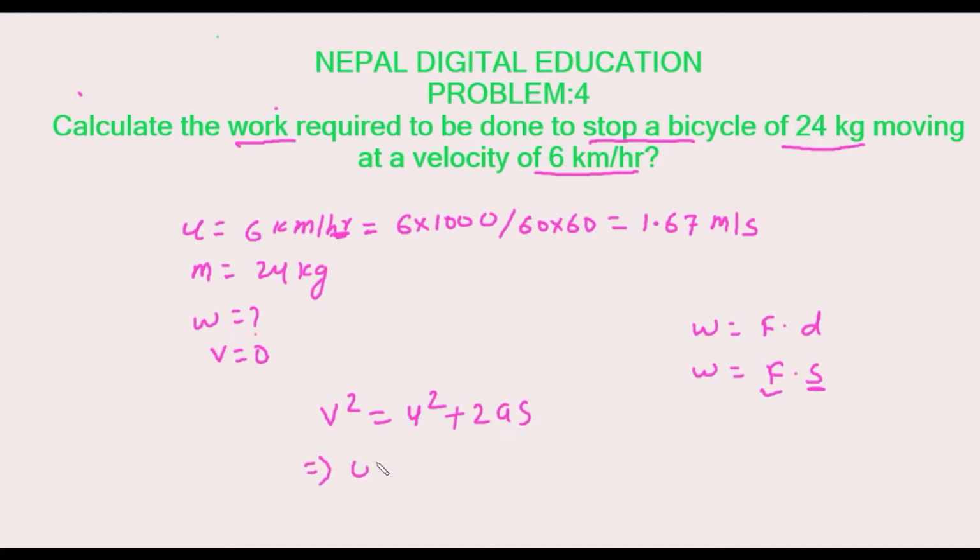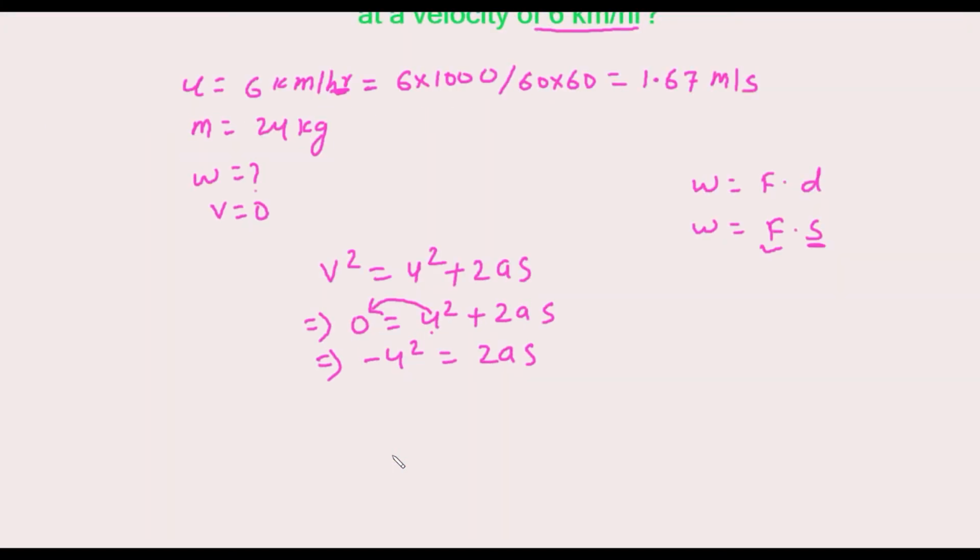Here v is 0, so 0 equals u square plus 2as. First of all find the value of s: u square moves to this side and becomes minus u square, and 2a, being in multiplication, comes in division, equal to s.